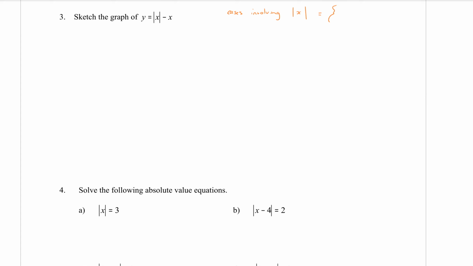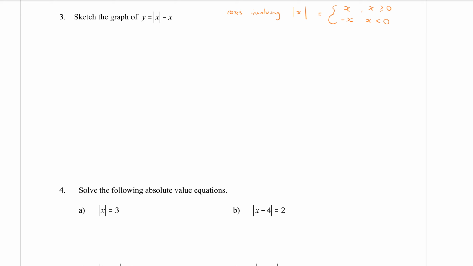Now we know that that means that x could have been positive or x could have been negative. We also know from the practice that we've just done that the point, if we were just to draw the absolute value of x graph, would be at x equals 0. So it would be positive when x was greater than or equal to 0, and it would be negative if x was less than 0.